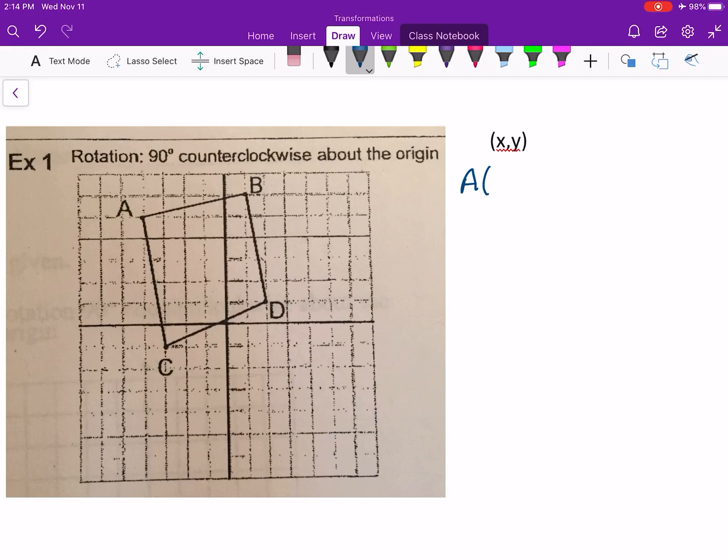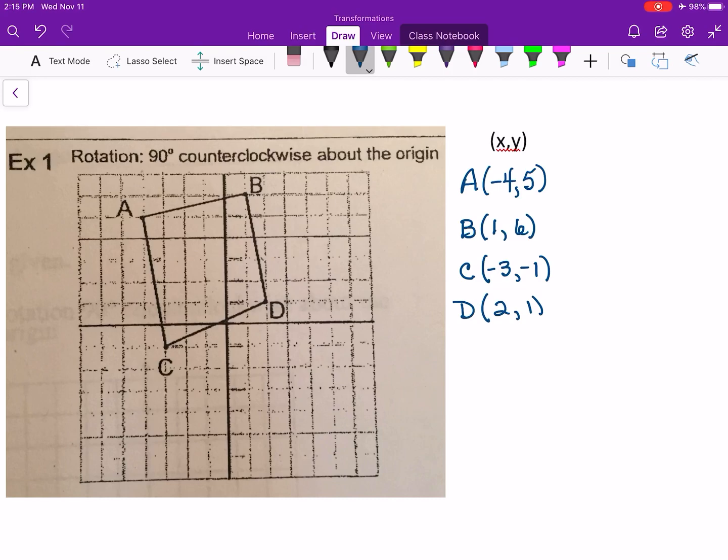A is -4, 5. B is, let's see, 1 to the right and up 6. C is 3 to the left, so -3, and down 1. And D is 2 to the right, up 1.